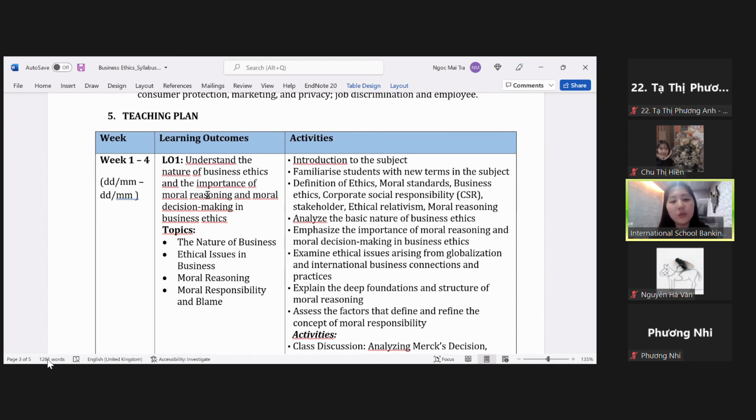And that is how we use moral reasoning to support our decision making. It's not a random decision. It's not a decision that I just come up with. It is a decision made based on very careful consideration. And that carefully considered decision making is called moral decision making.